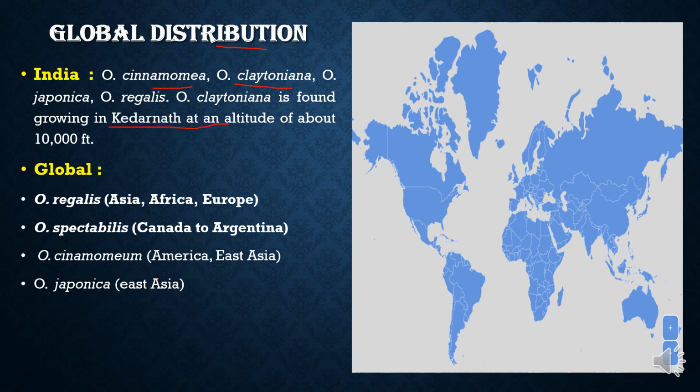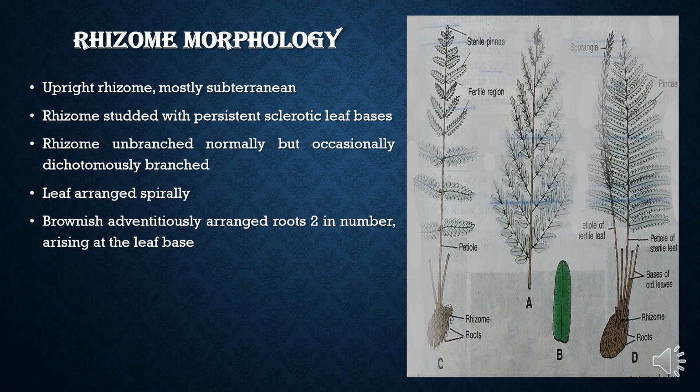Osmunda is found in Asia, in Africa, in Europe, and in the New World, from Canada to even Argentina. So we see that we are finding the distribution of Osmunda in both the Old World and the New World.